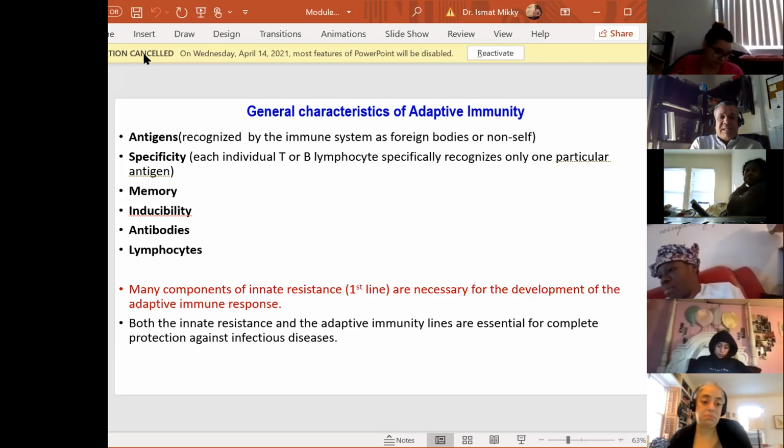The third feature is memory. The immune system is the only system that has memory cells. They are floating and present, and once they are formed, the T memory cells and B memory cells have a specific function.